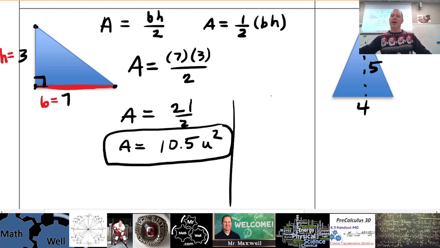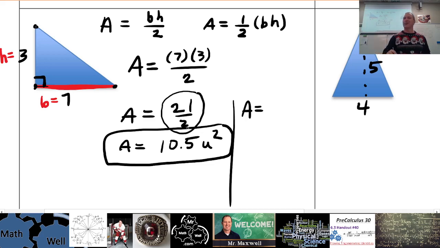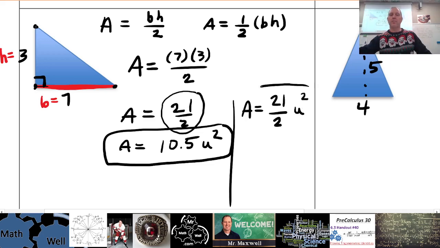Awesome. If I asked you to write this in fraction form, what's this in reduced fraction form? 21 over 2. Can you reduce that any further? No, you can't. So 21 over 2 is our reduced fraction form. Very good.